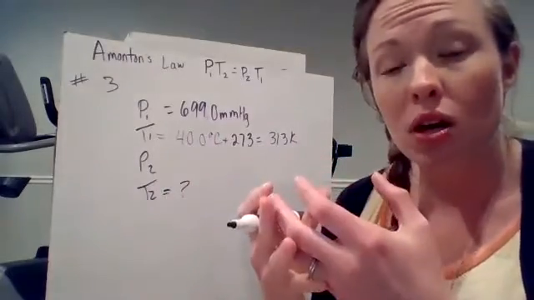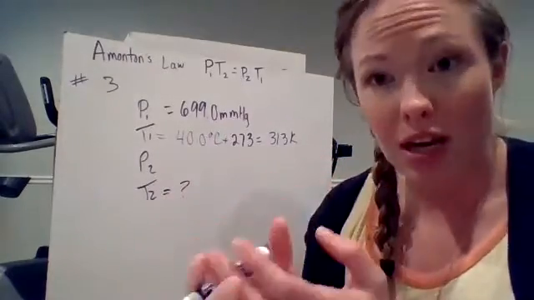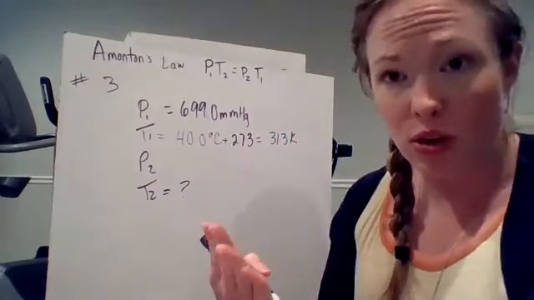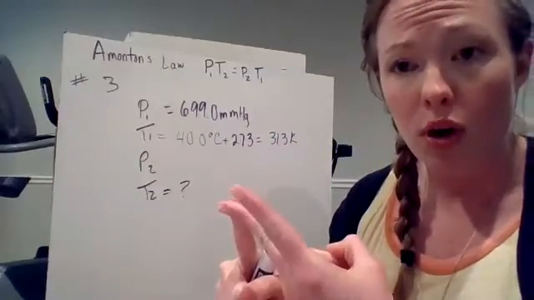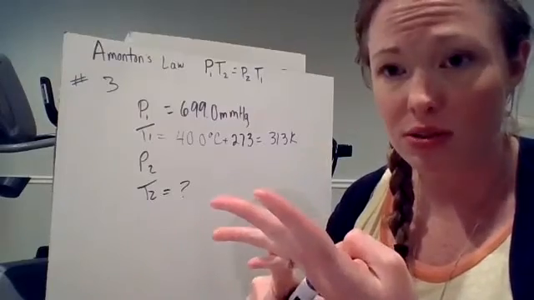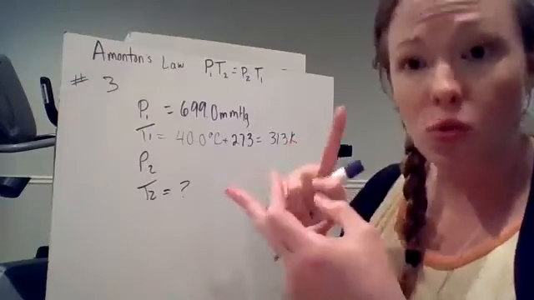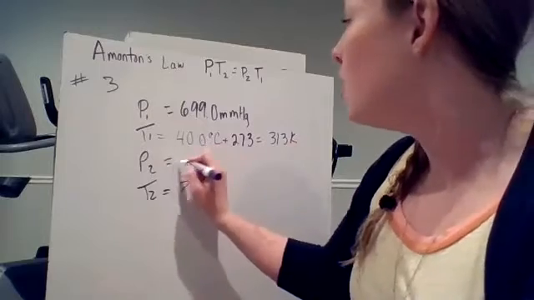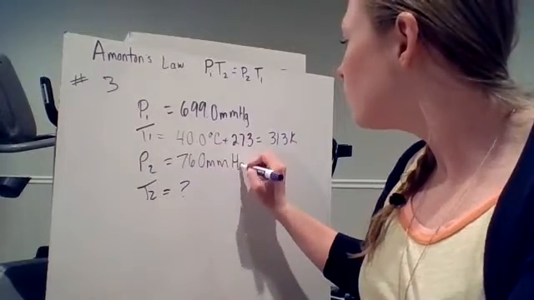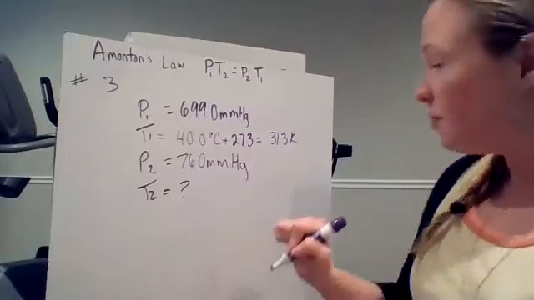Remember, standard pressure is 1 atmosphere, 101.3 kPa, 760 millimeters of mercury, or 760 torr. We're going to choose 760 millimeters mercury because it matches and we won't have to convert anything, which we like.